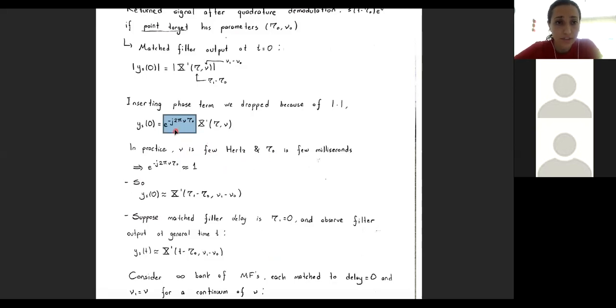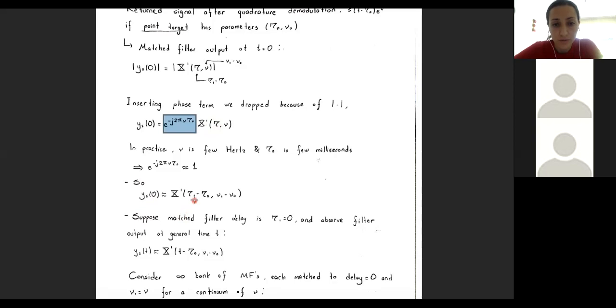So in general we're going to have a term that's almost one. We inserted this phase term back, but we realize that we can still ignore it because it's usually very close to one. Even in its complex form, y0 is just this x prime ambiguity function.